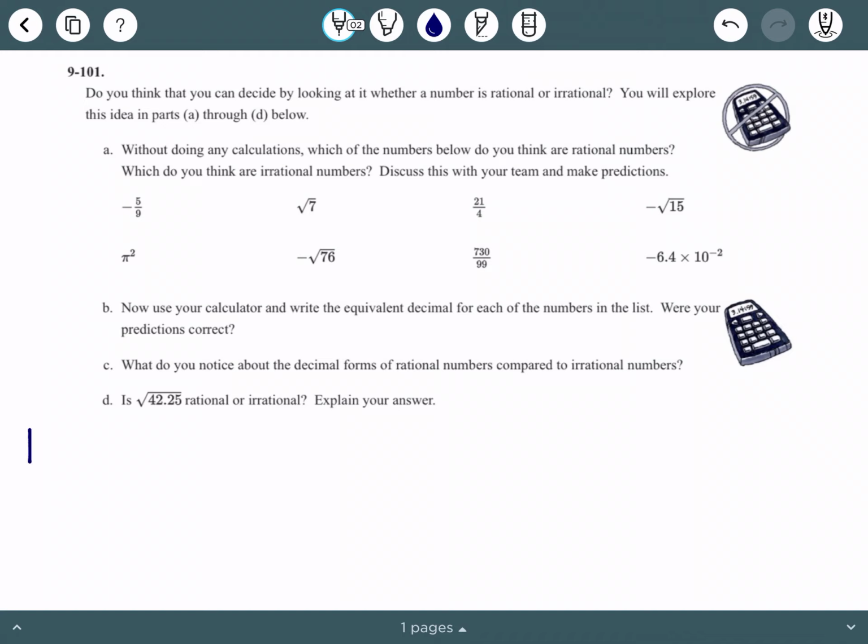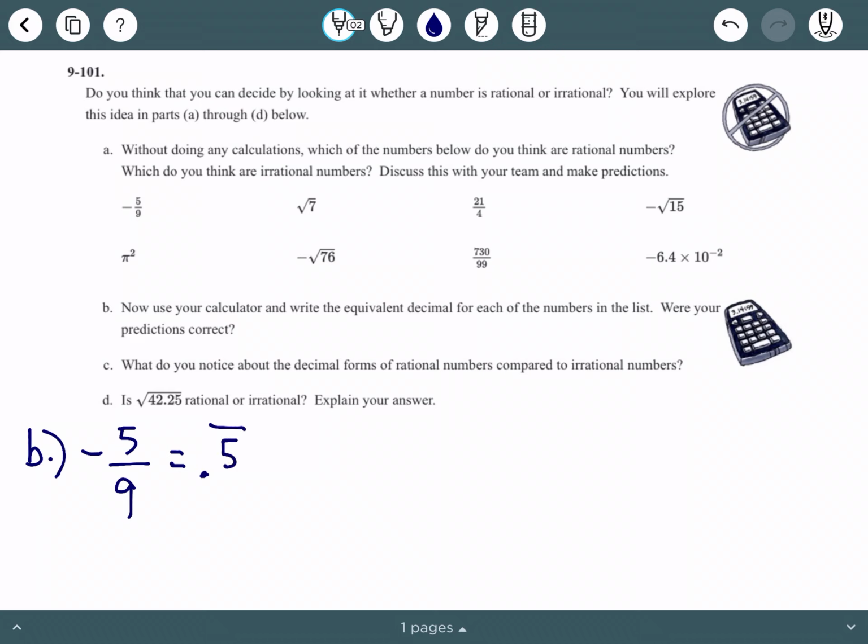Now for part B, this is where we actually put the numbers into the calculator. So let's go ahead and have a look at -5/9. If you put that into your calculator, you are going to get 0.5 repeating.